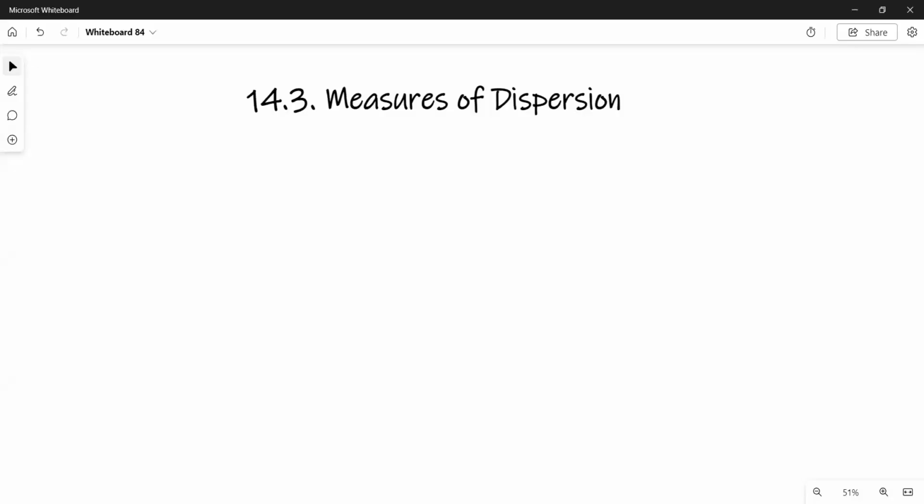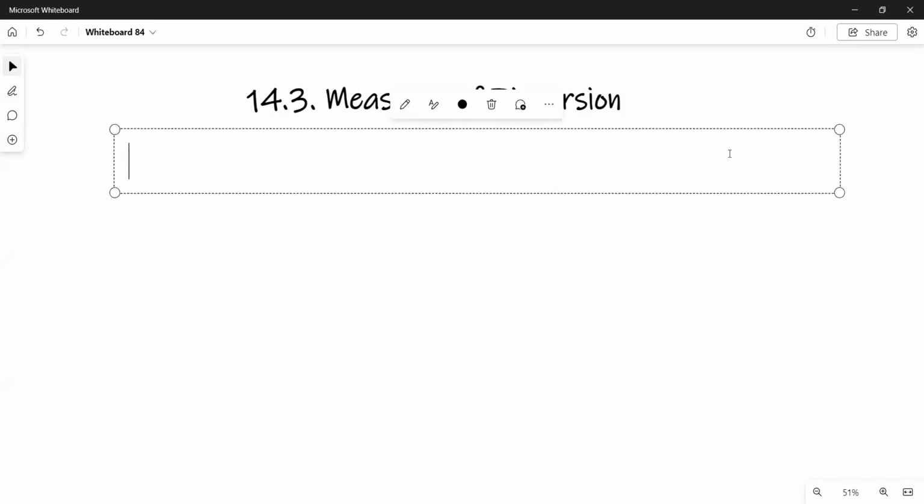Hi, I'm covering the last section of this course about measures of dispersion. For example, let's consider the following two distributions.